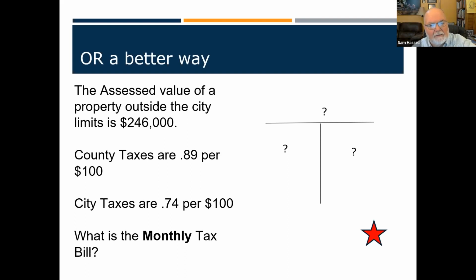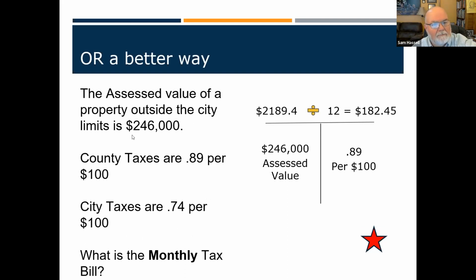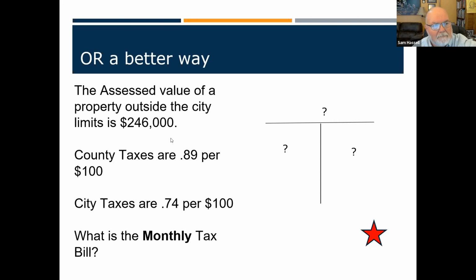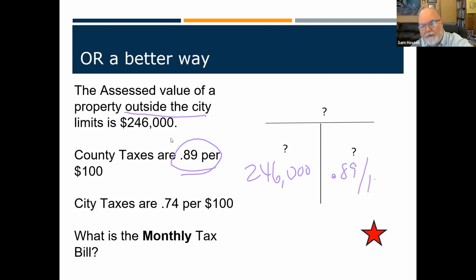So let's see what I got. If I know that my value is 246, all right, I live outside the city, so I'm only concerned with this one, 0.89 per 100, or mathematically 0.0089, all right?